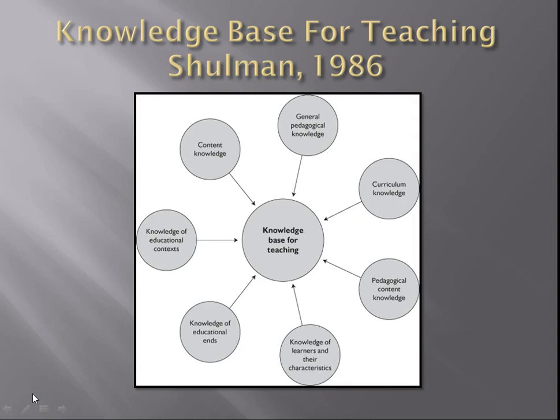It gives you the knowledge base for teaching, and there's the reference at Shulman 1986. When you look at it, you see that there are actually 7 different things that contribute to the teacher's knowledge base and how they amass knowledge in order to teach their content.